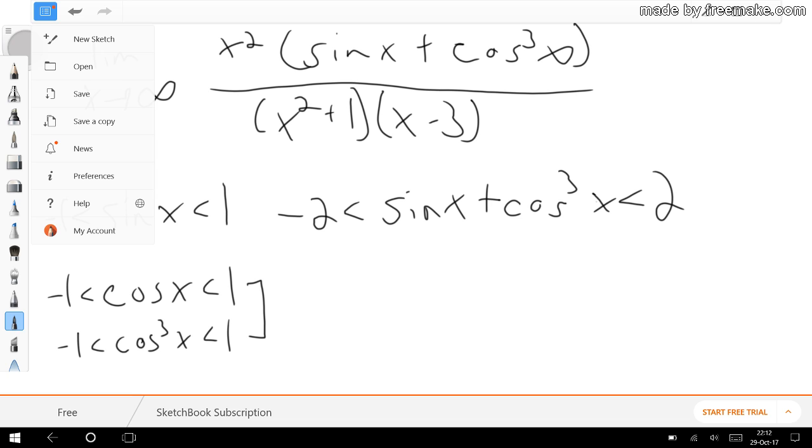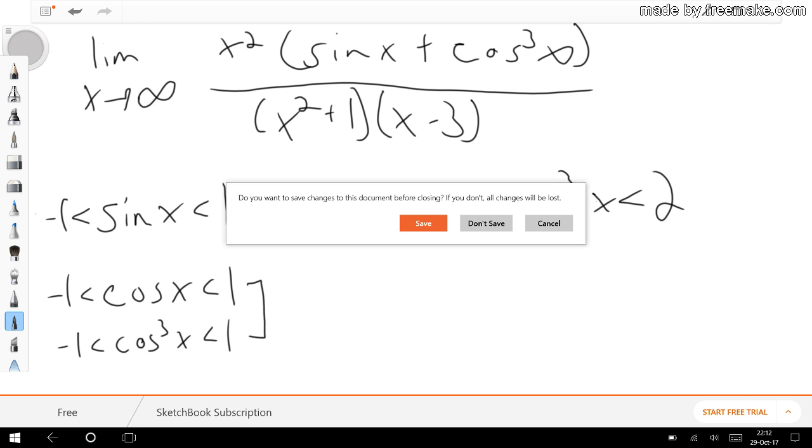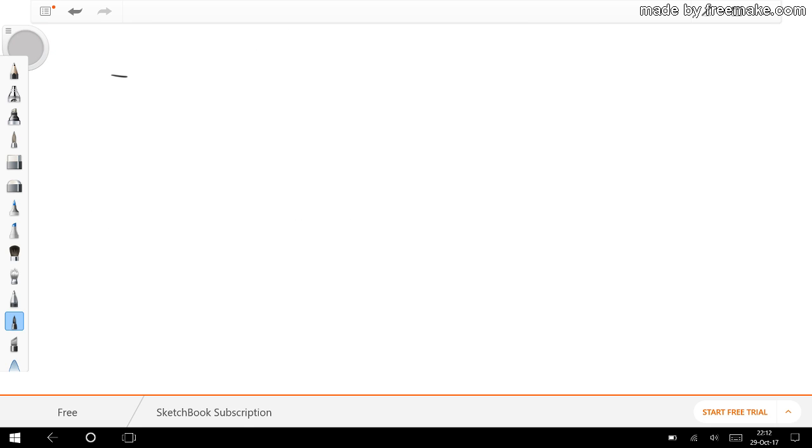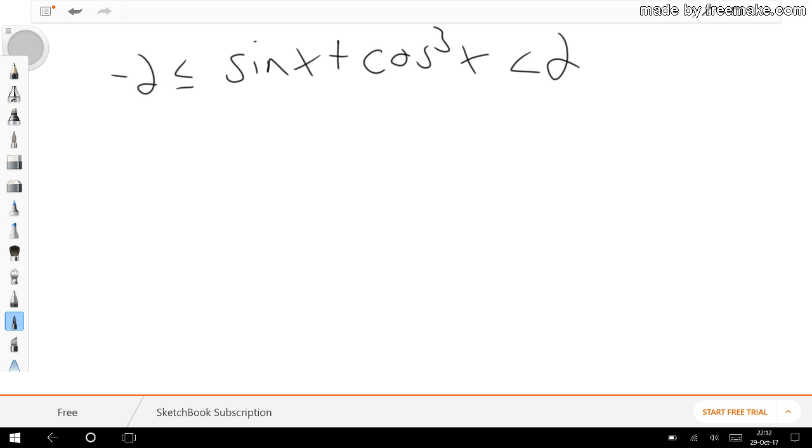Just because it's a long function, I don't feel like rewriting it, but I will write the start of our bounds down again. All right, now we simply start to shape it exactly the way that our other function was.